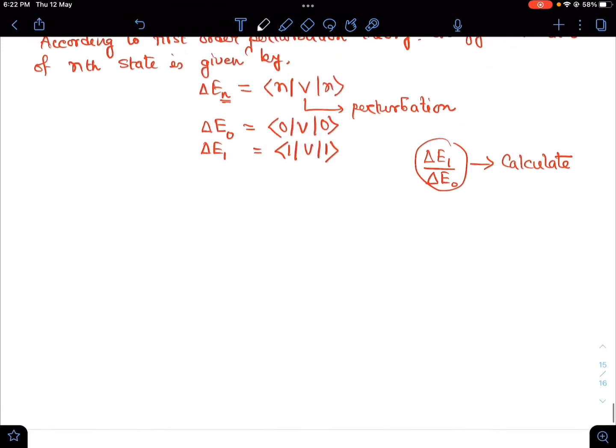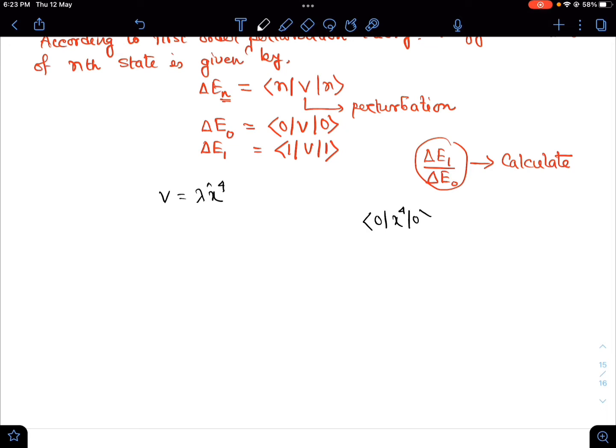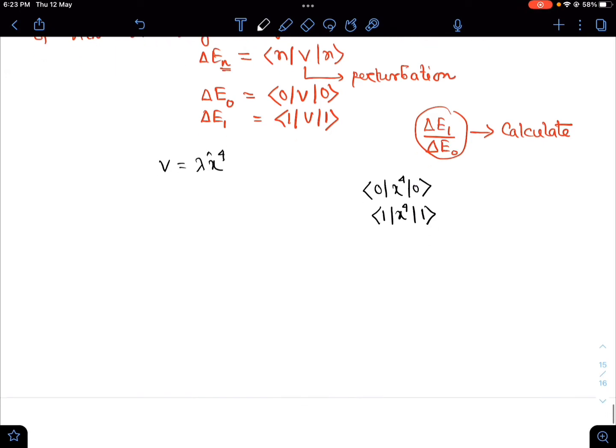So here V is given as lambda x to the power 4. So we have to find these two terms, <0|x^4|0> and <1|x^4|1>. We have to use ladder operators here, otherwise these two integrations will be too messy.